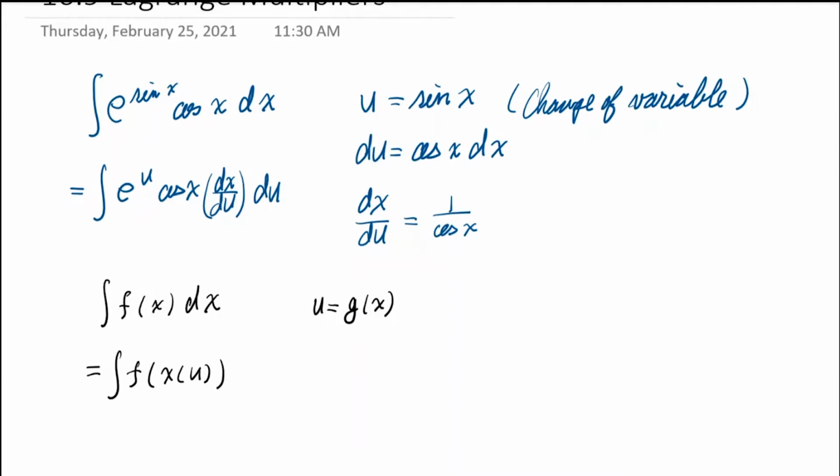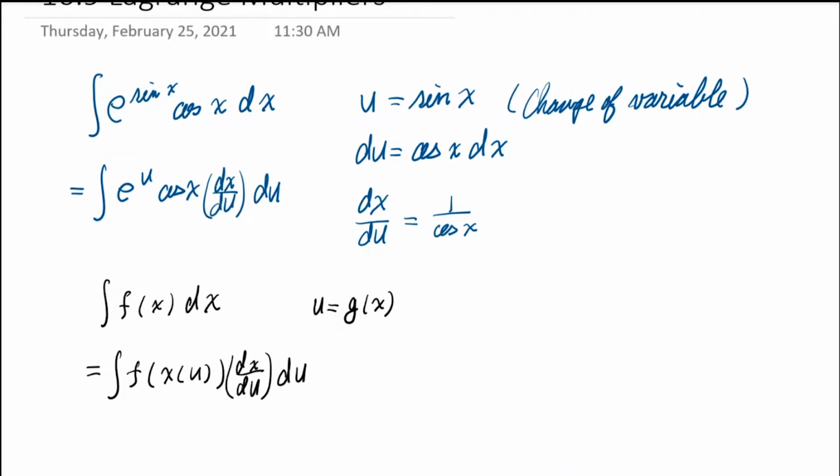So far, so good. Now what the heck do we put here? We can't just put du, because of that dx du relationship. So what goes here is dx over du.